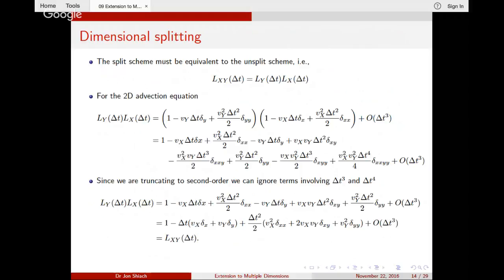Sorry? You said ignore delta t cubed, but you've got it in there. Where have I got it? Where have I got it here? Oh yeah, that is the error term. So this basically means there are lots of other terms which involve delta t cubed and higher, but we've ignored.